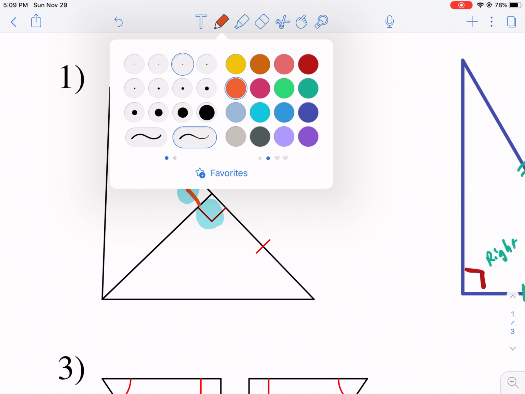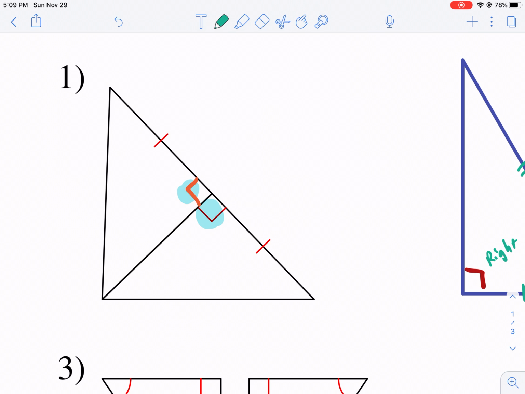Now, let's go ahead and still label it like we normally do. Here we have a side, and it matches with this side. We're given an angle, a right angle, so keep that in mind. But notice how we are not given the hypotenuse. We don't know if the hypotenuses are congruent, so we're not going to assume that they are.